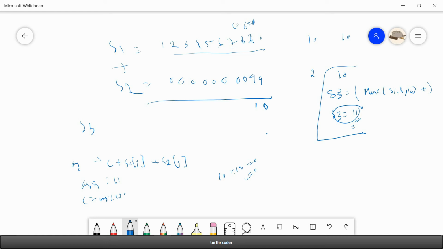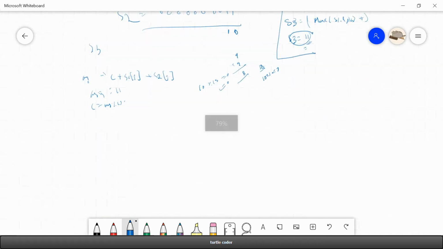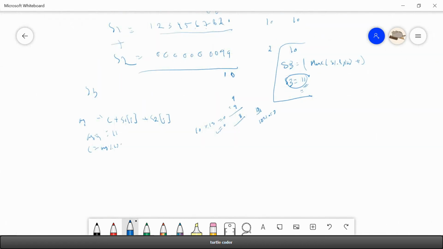In the worst case I can have 9 plus 9. It means I can have the answer as 18, and 18 mod 10 is 8. So sorry, that's where I was going wrong. There would be my answer array, let's say S3. So my S3 last index would be answer mod 10.